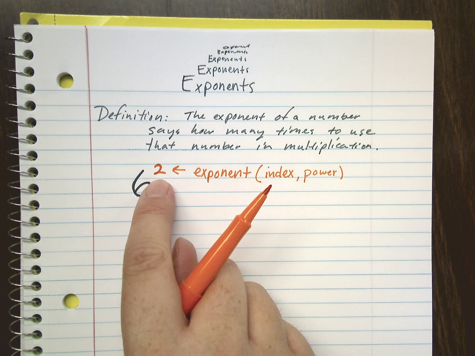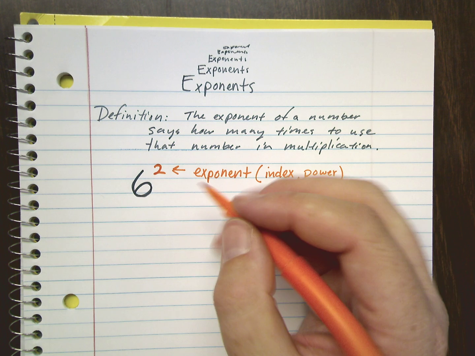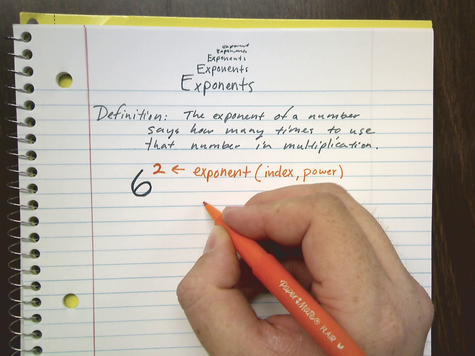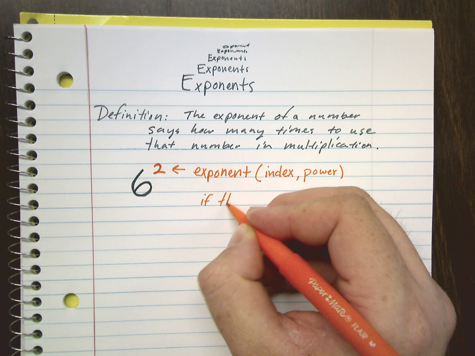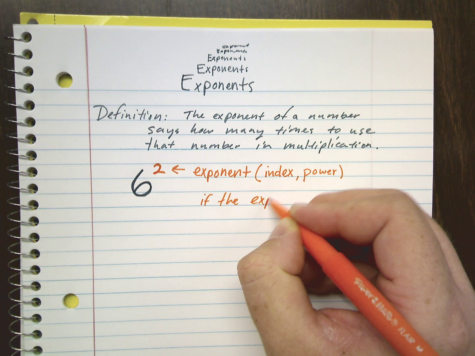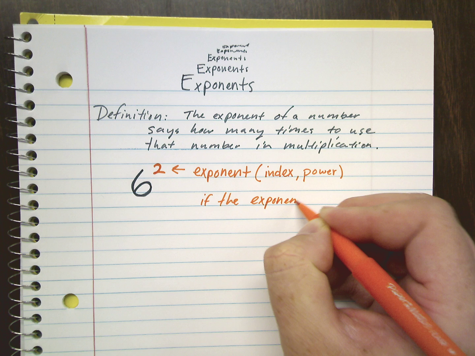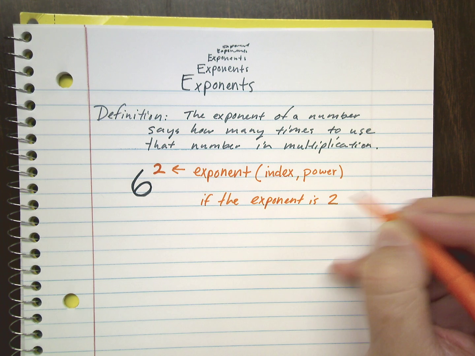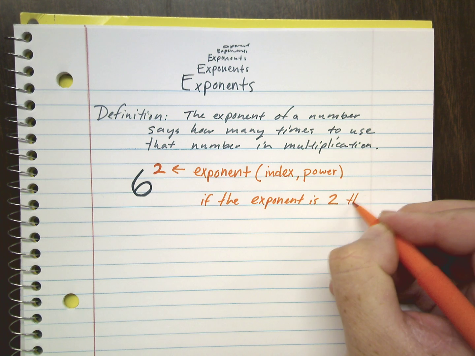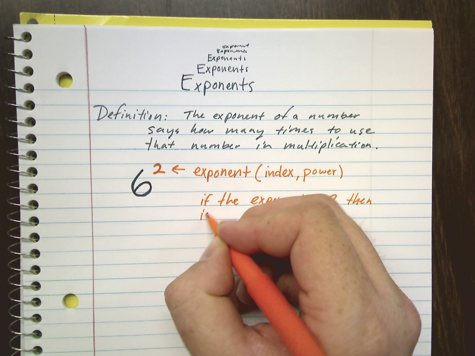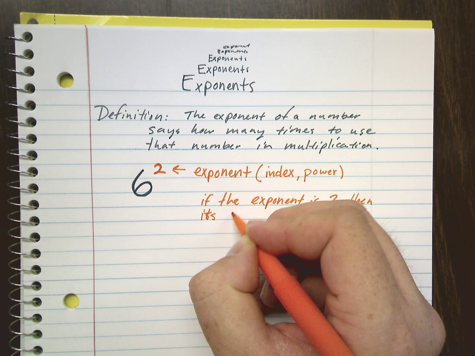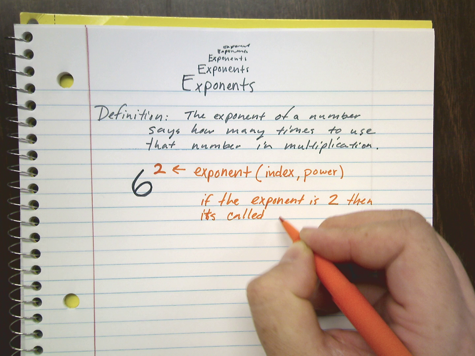If the exponent is 2, then it's called squared.